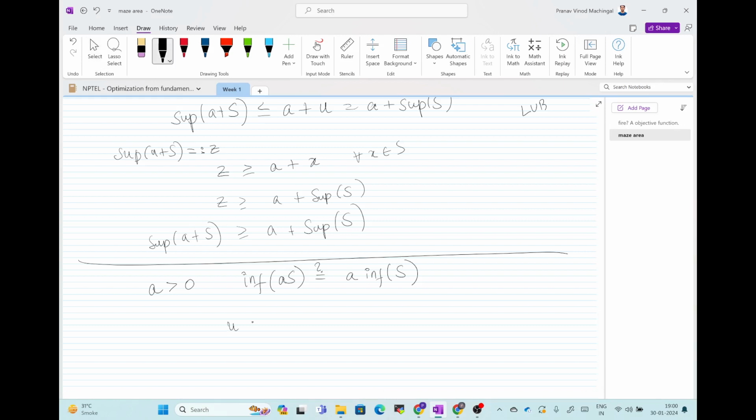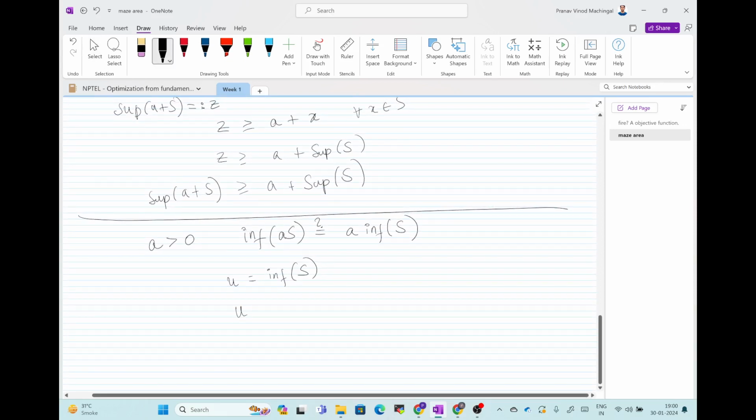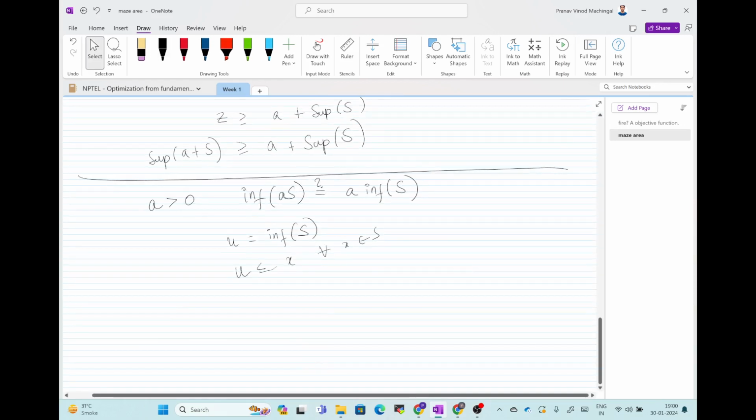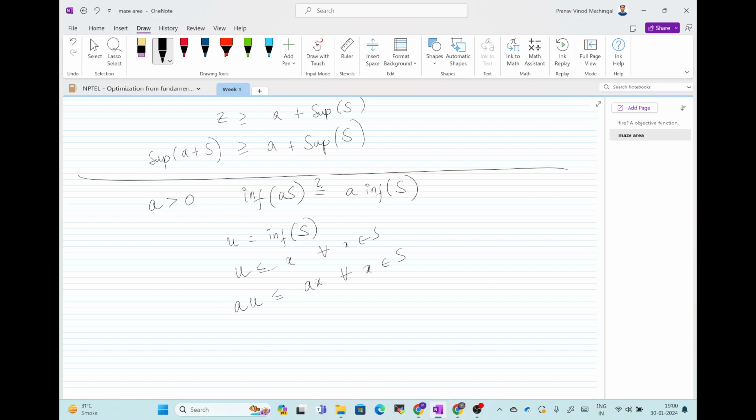And take some u equal to inf of S. So u is less than or equal to x for all x in S. So because a is greater than 0, au will be less than or equal to ax for all x in S. Then what does that mean? au is less than or equal to inf of aS.